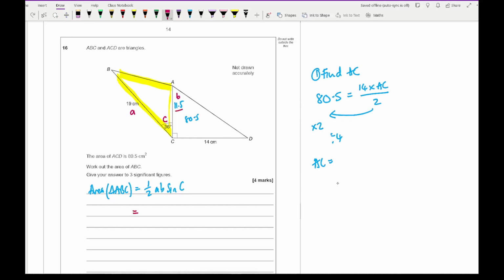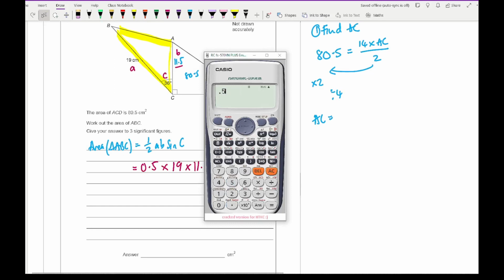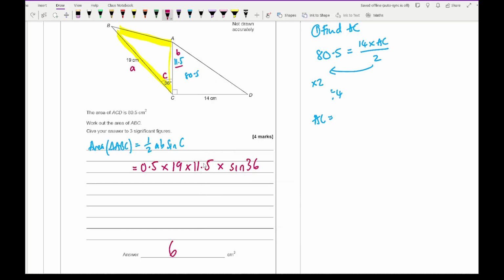So substituting numbers in, I get 0.5 multiplied by 19 multiplied by 11.5 multiplied by sine 36. Typing that into my calculator, press equals, and I get an area of 61.4. To 3 significant figures, that's exactly the answer that I want, so it's 61.4, rounded to 3 sig fig.